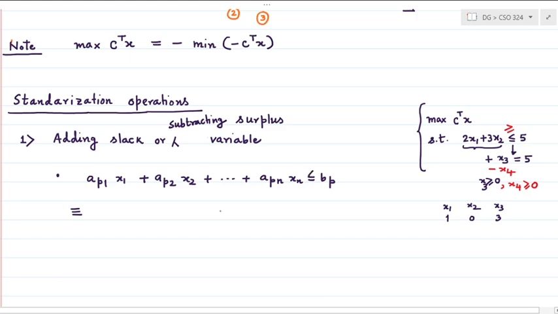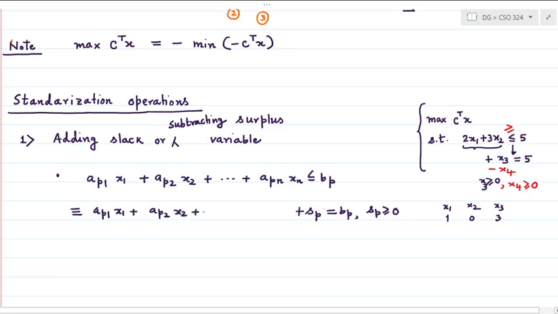So here you need to add a slack variable. Let's suppose that variable is sp: a p1 x1 plus a p2 x2 plus a pn xn, you add this deficit quantity sp, is equal to bp, where sp obviously is greater than or equal to 0.